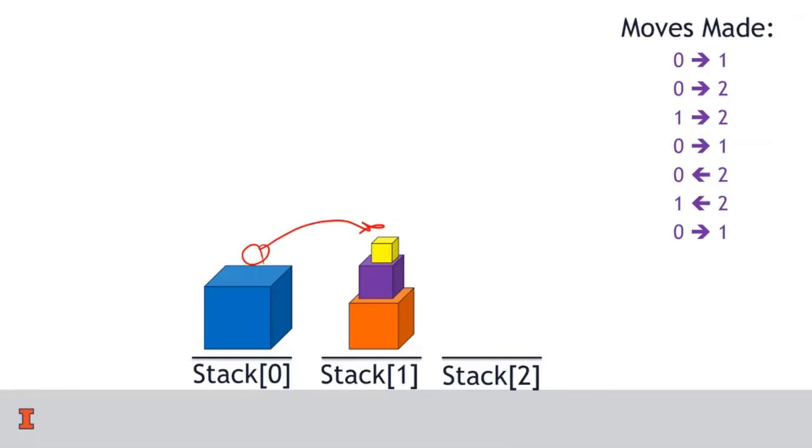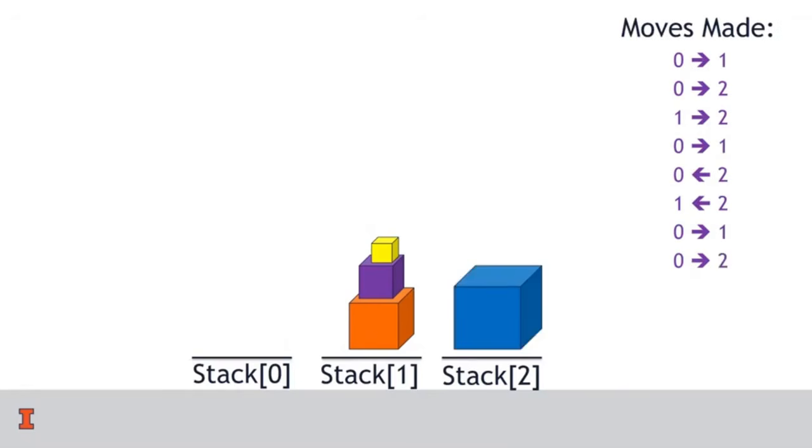Only now can we move the big cube from the first position all the way over to the position in stack 2. This is our final position for that blue cube, so we're in good shape. Then we can go ahead and move the yellow cube over with the idea that we want to move the purple cube out of the way.